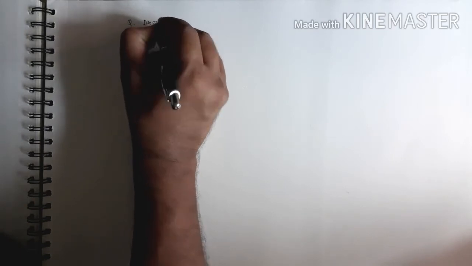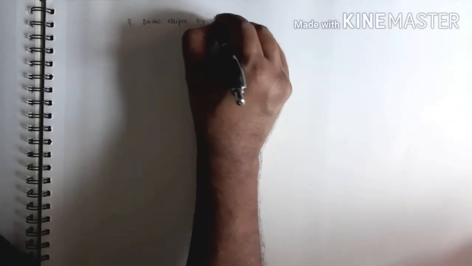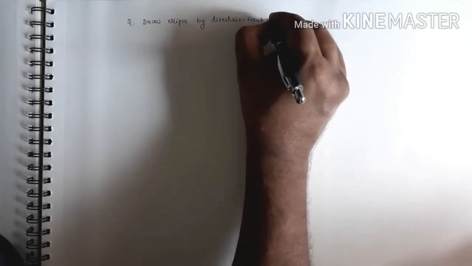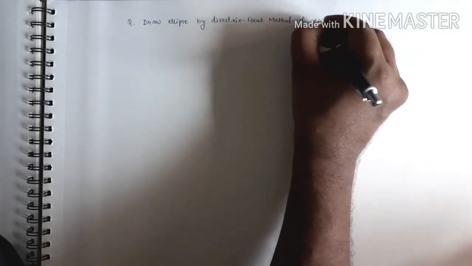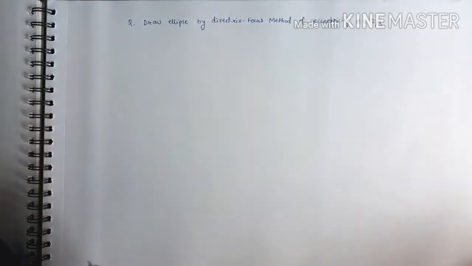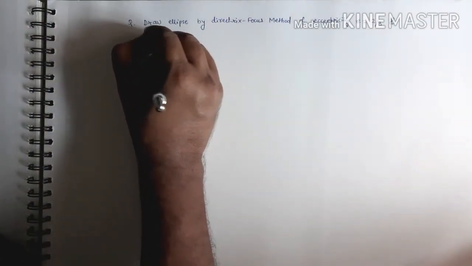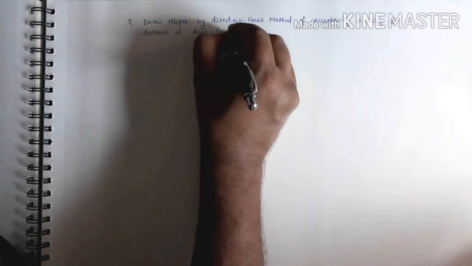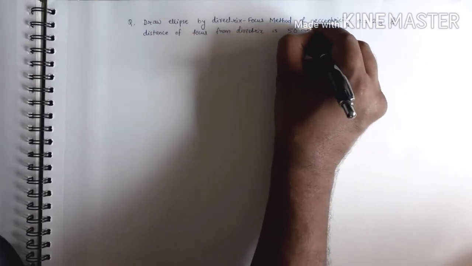Draw ellipse by directrix focus method if eccentricity E is equal to 2 by 3 and distance of focus from directrix is 50 mm.